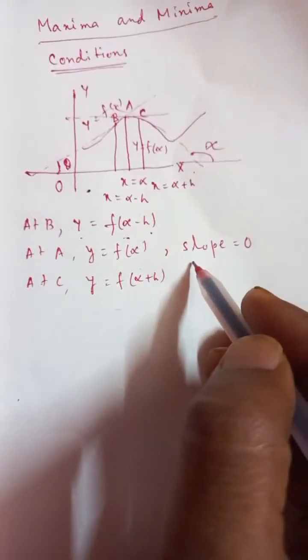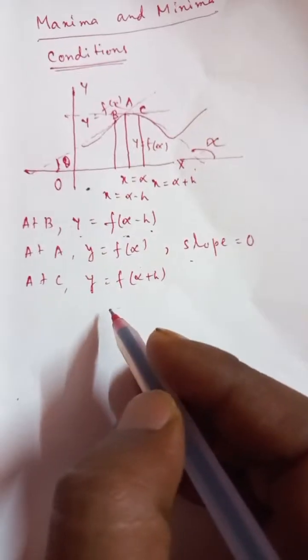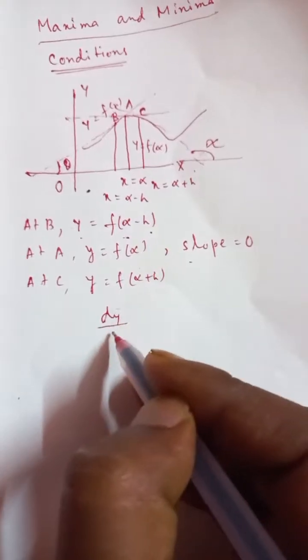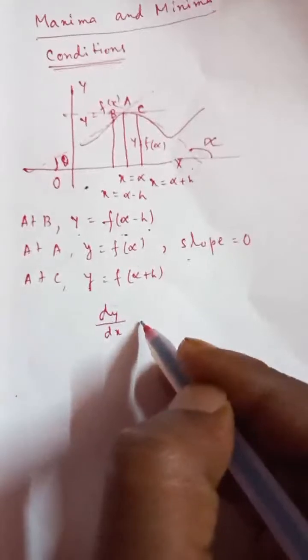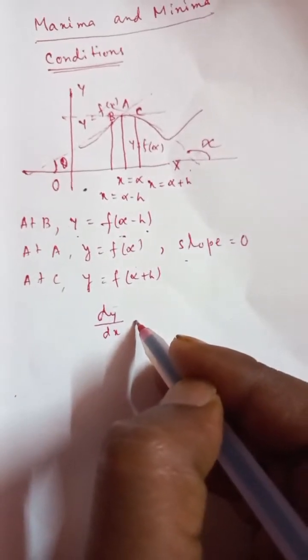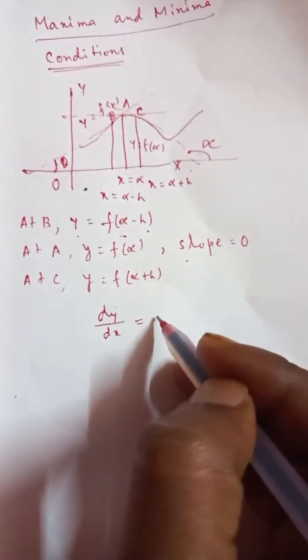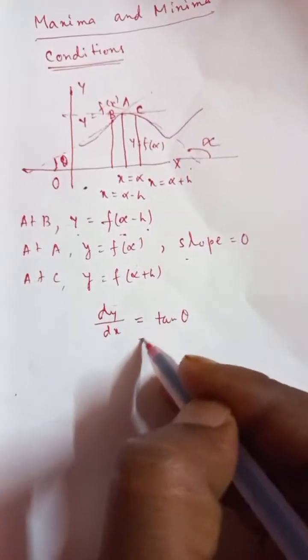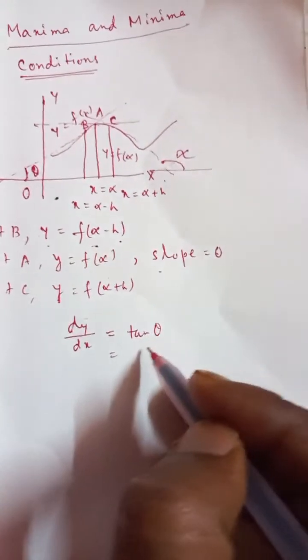The slope equation, if we remember, is dy by dx, which is equal to tan theta. Here theta is equal to 0, tan 0 actually. So this will be 0.